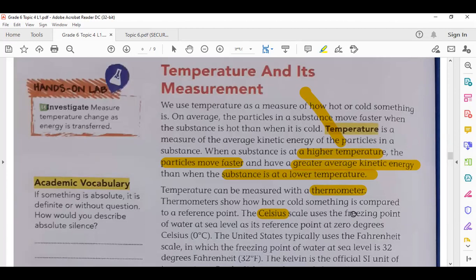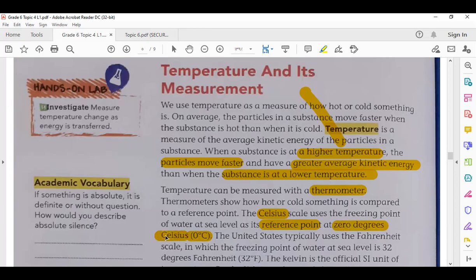This scale uses the freezing point of water at sea level as its reference point. According to the Celsius scale, water freezes at 0 degrees Celsius.